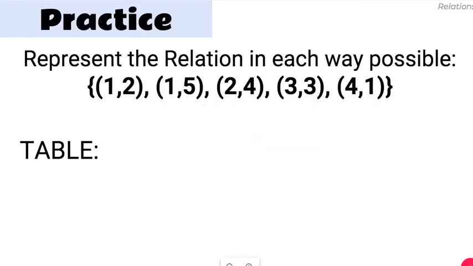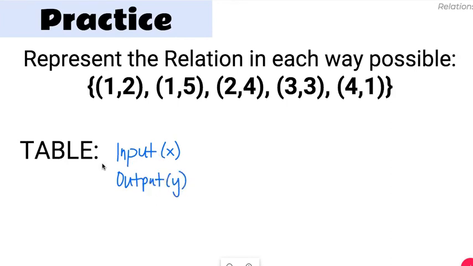Let's do some practice. Here we have some ordered pairs. So we're going to represent this relation. We're already given a list. It's crazy to rewrite a list. So we're going to start at the table. You can make your table vertical or horizontal, doesn't make a difference. But with our table, we have an input value and an output value.